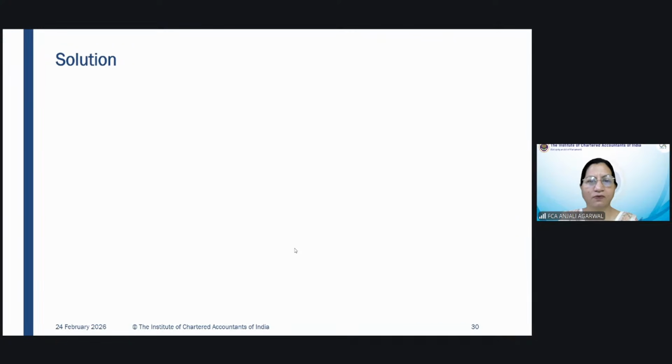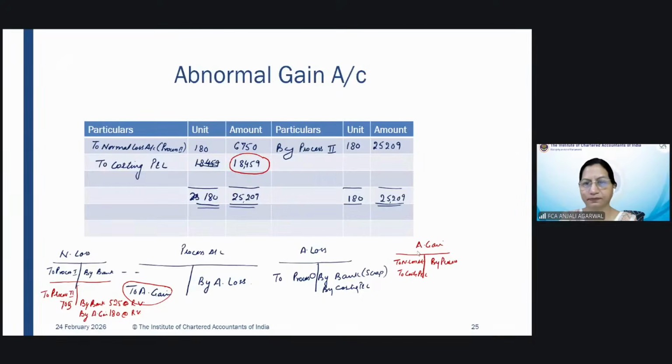In abnormal gain account, how it is 180 units on both sides. Okay. So 180 units have come from the process two, that there should be 180 units extra produced than expected. So this becomes abnormal gain. And these 180 units, which could have otherwise been sold in the normal loss, have not been sold.